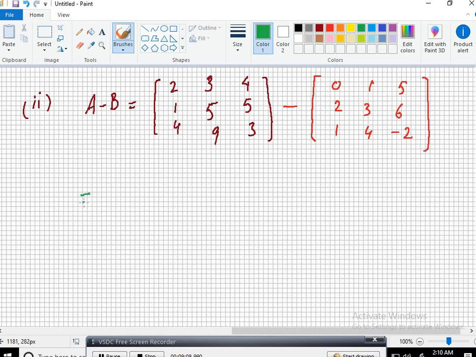Similarly 4 plus 5, 1 plus 2, 5 plus 3, 5 plus 6, 4 plus 1, 9 plus 4, 3 plus minus 2.